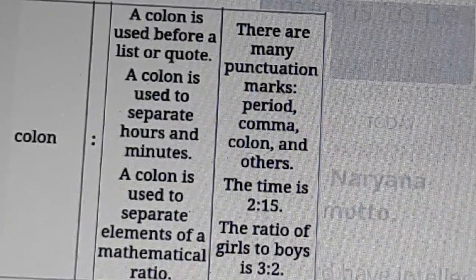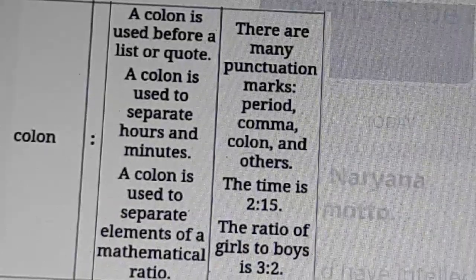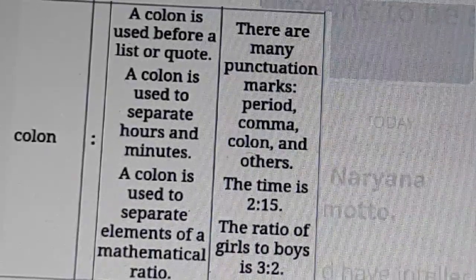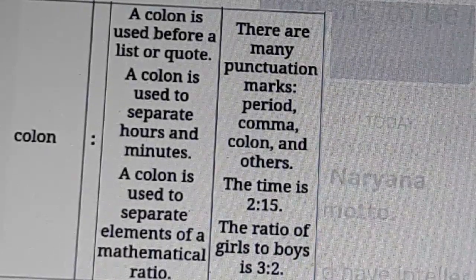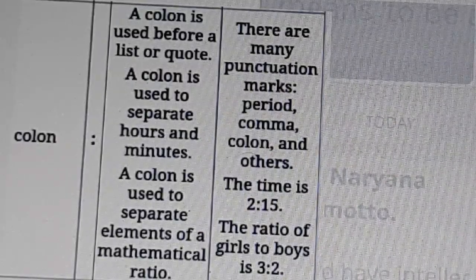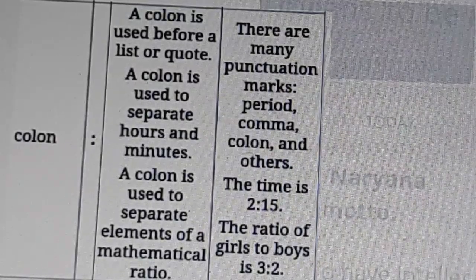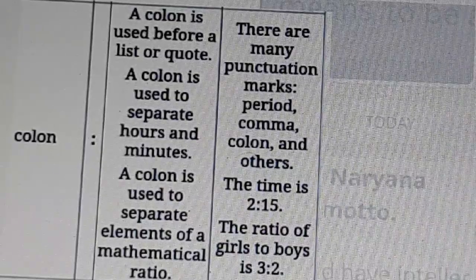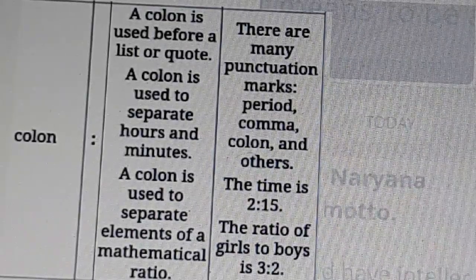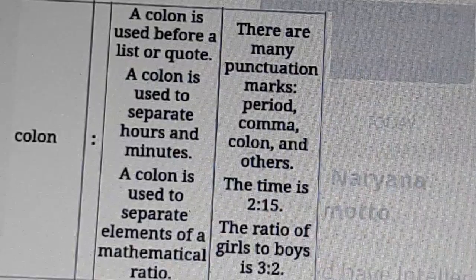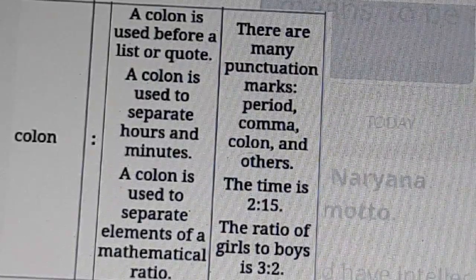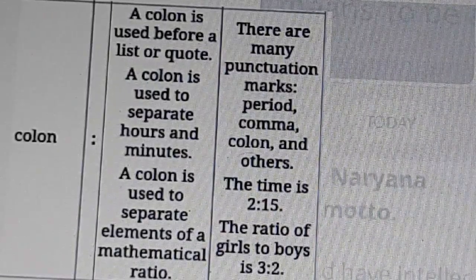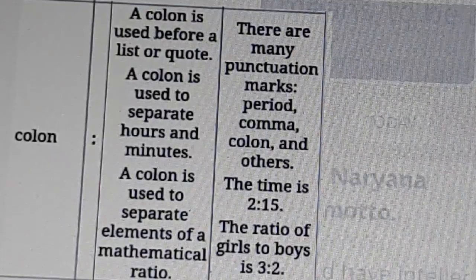Once again I tell you, a colon is used before a list or quote. Example, there are many punctuation marks. Here we put a colon before telling the punctuation marks, period, comma, colon and others. Next, a colon is used to separate hours and minutes.